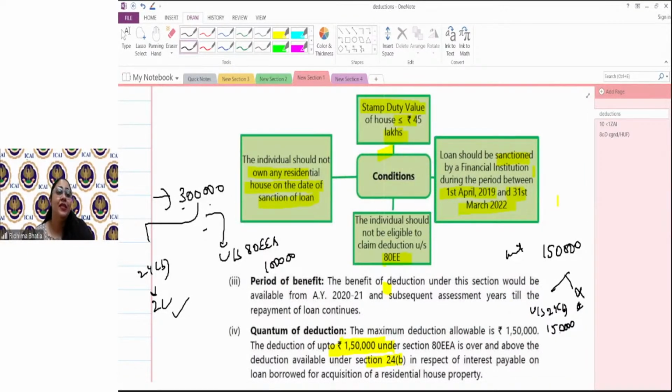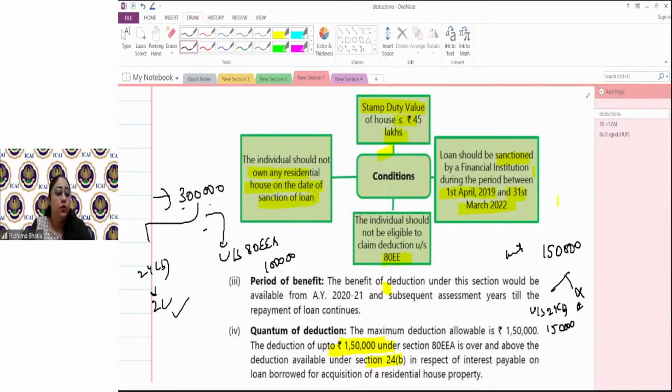So when these sections were introduced, the housing loans sector was booming. They started convincing people saying that you loan le lo, take the loan, because now you will get more deduction for the lifetime of the loan, which is close to 1,50,000 more.